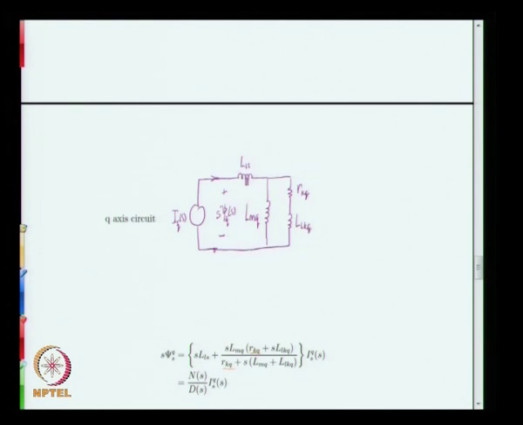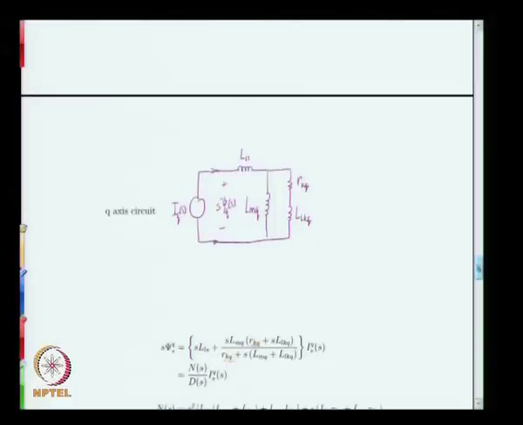The impedance offered by that circuit is nothing but the impedance of this, which is S times LLS, plus the impedance offered by the combination of this branch and this branch, and that is nothing but the product of these two impedances divided by the sum of these two impedances, and therefore, you get this term.